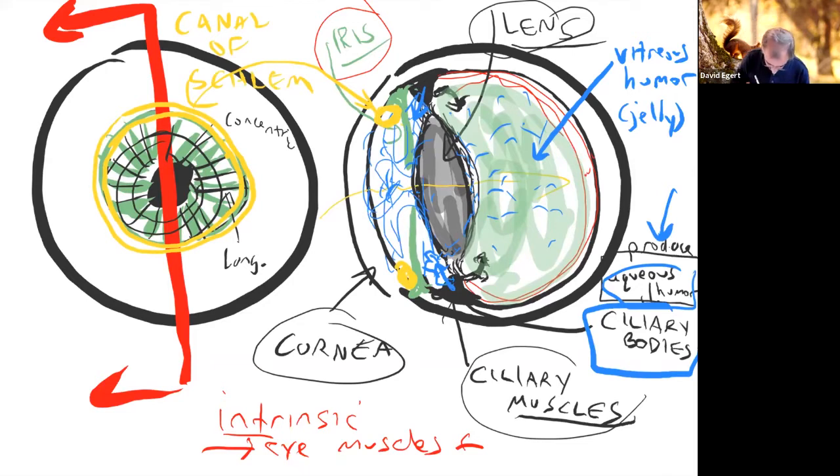That is draining this aqueous humor. So it's being produced, it's being drained constantly. And it ultimately just drains into the same system that the CSF drains into and ends up going back down your jugular veins. So again, it's another thing, this very plasma-like stuff that then just dumps back into the bloodstream.